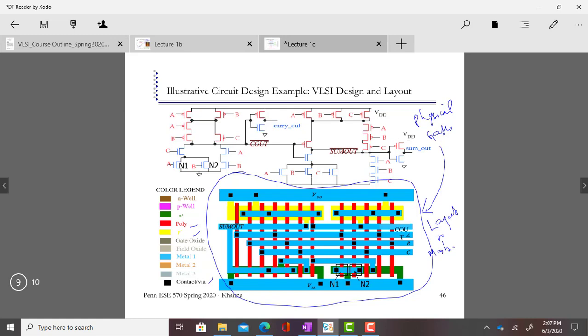In the later part of the course we will understand about the layouts, and how we go from physical gates to layout. I think this is our goal in the second or third week. So we will understand how this schematic can be translated to this kind of layout or mask.